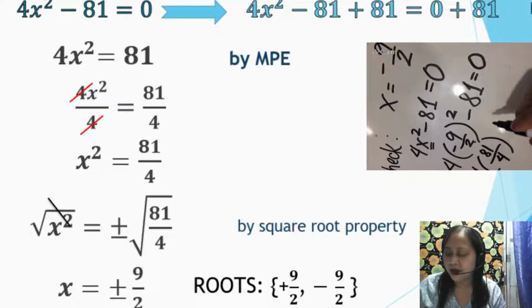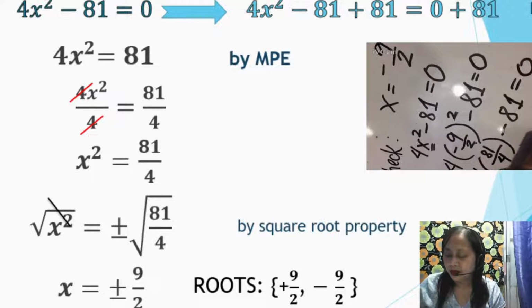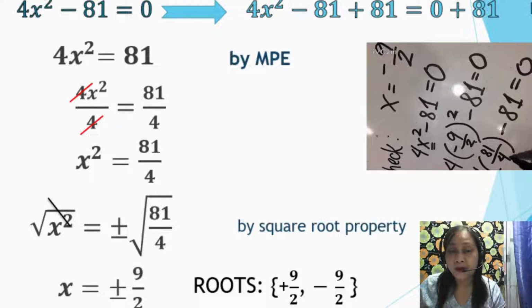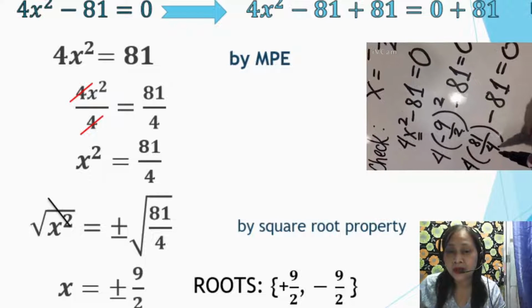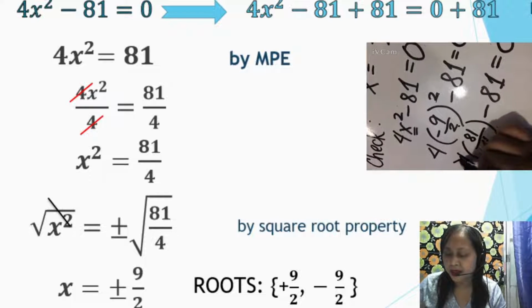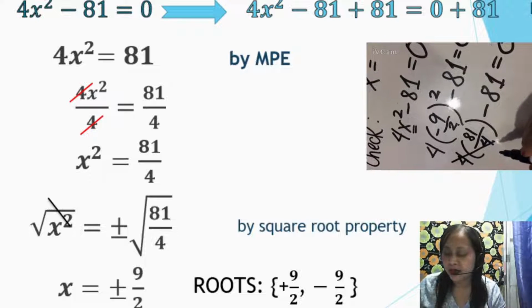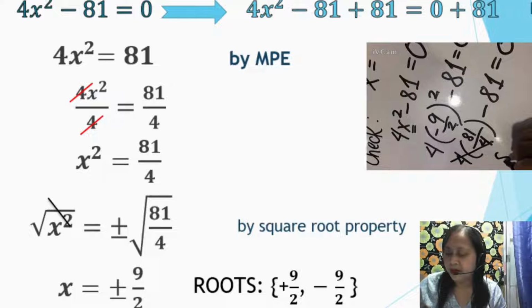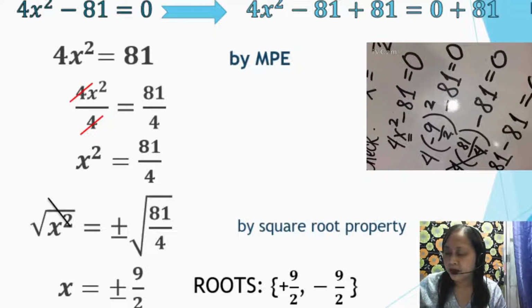So therefore, our answer now is, since 4 can be divided by 4, we can use the cancellation method. So we will cancel this one. The remaining number is 81 minus 81 is equal to 0.